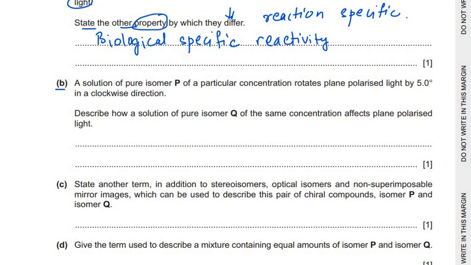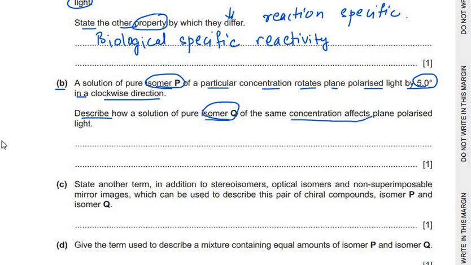Okay, the B question: a solution of a pure isomer P of a particular concentration rotates plane polarized light by 5 degrees in a clockwise direction. Describe how a solution of pure isomer Q of the same concentration affects the plane polarized light.